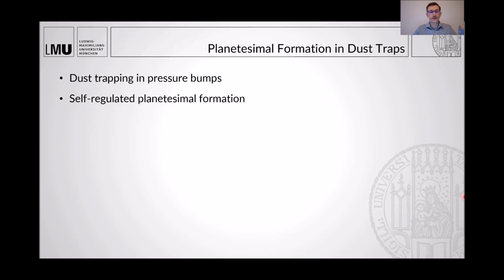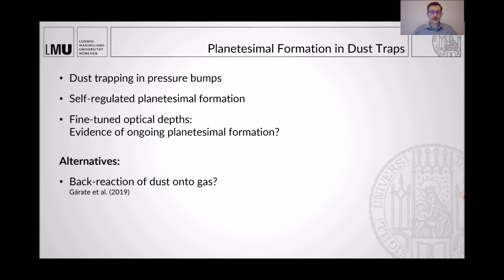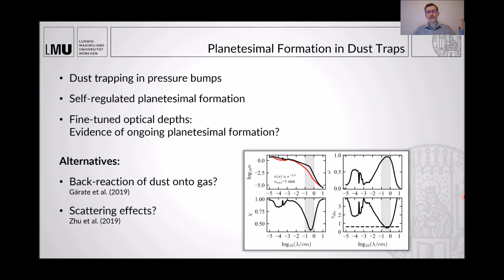We introduced self-regulated planetesimal formation, and this might be an indication that there's ongoing planetesimal formation in the disk that we are observing. There can be alternatives. Maybe if you include back reactions, they can smear out concentrations, or scattering effects that Xiaoman Xu showed can also have an effect in producing these features.